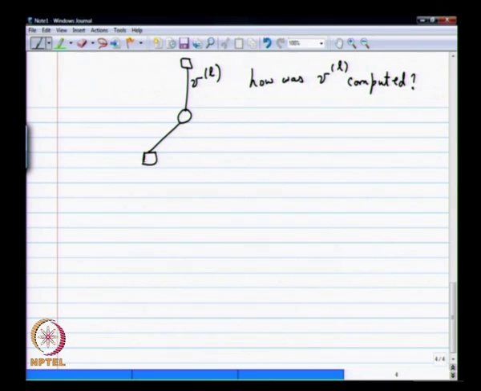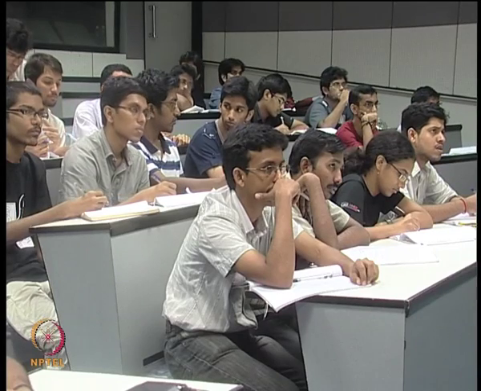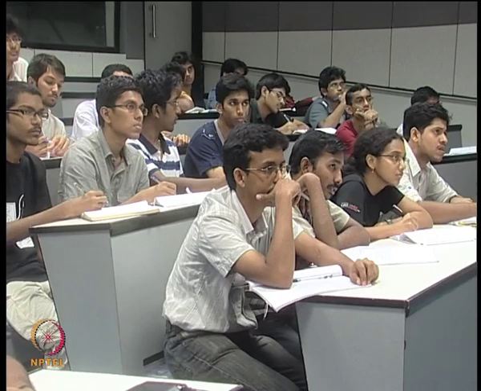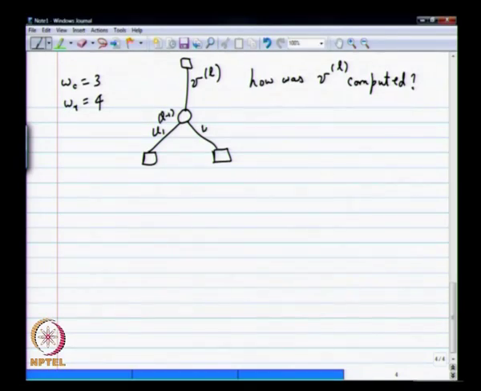Let us just use WC equals 3 and WR equals 4 for this picture. You can do it for anything else also, but the picture will just become more messy. So, I will just use these small values. How many others will be there? 2 other check nodes will be there, and you would have got U1 L minus 1 and U2 L minus 1 from here.